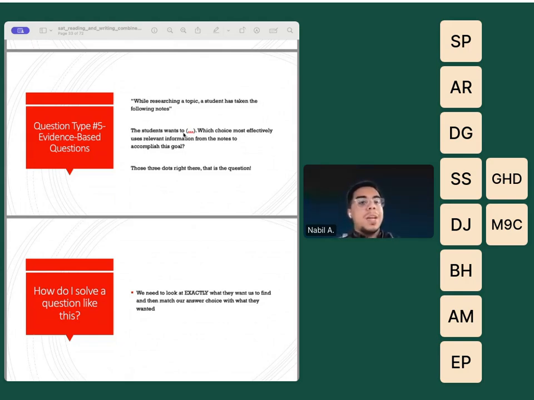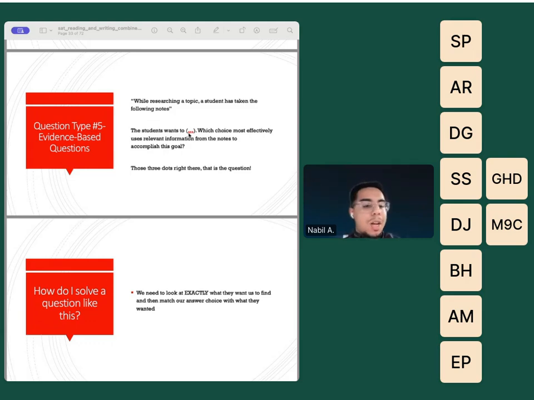Or, I could provide an example that I've seen on past practice exams, like the student wants to generalize the Jurassic period, something along those lines. It could be anything. Which choice most effectively uses relevant information from the notes to accomplish this goal? So 99% of the time, that's usually what the question is going to say. Which one either supports the goal, accomplishes it, or weakens it, something along those lines.